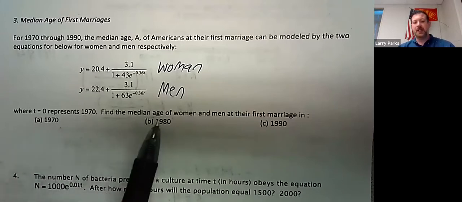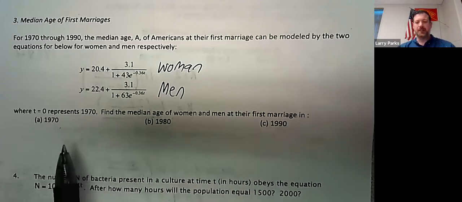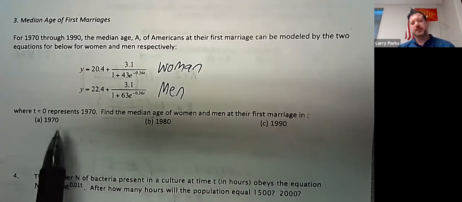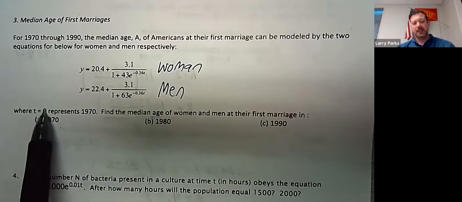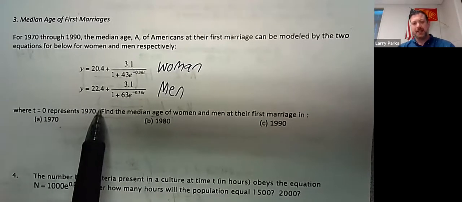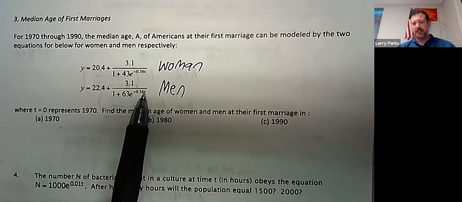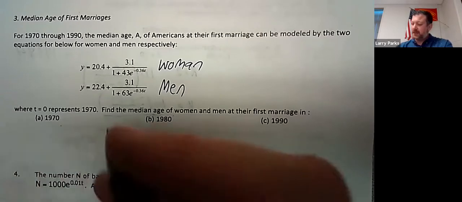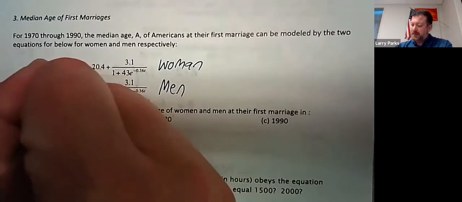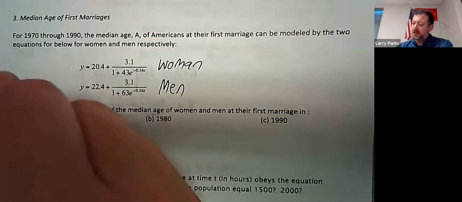So we're going to find the median age of women and men at their first marriage in the following years. First, 1970. So what I need to do is plug 0 in here and 0 in there. I'm going to plug in T equals 0 into both, and I'm going to find women and men.